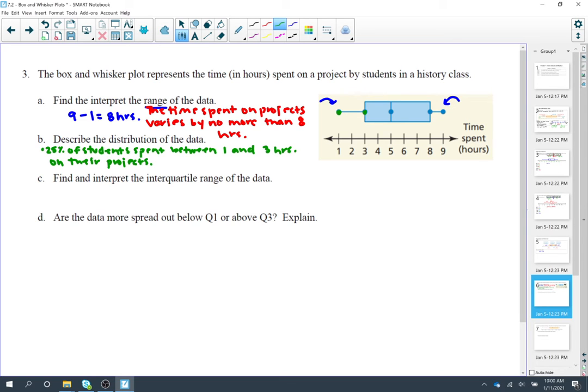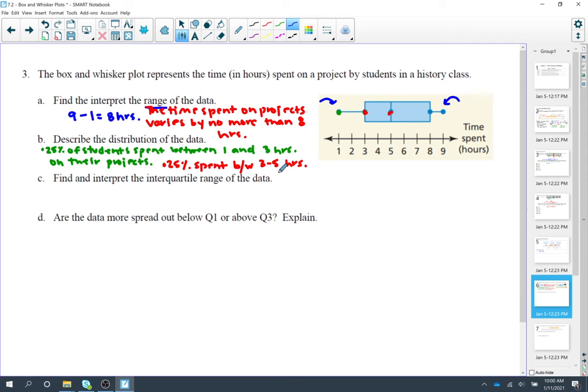That's my first statement. Then I'm pretty much going to repeat that, and then I'm going to say, okay, well, another 25% spent, and I'm going to abbreviate B/W means between, so spent between 3 and 5 hours on their projects.